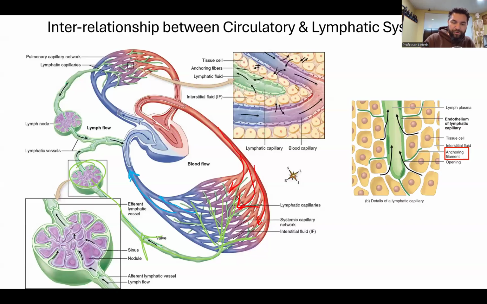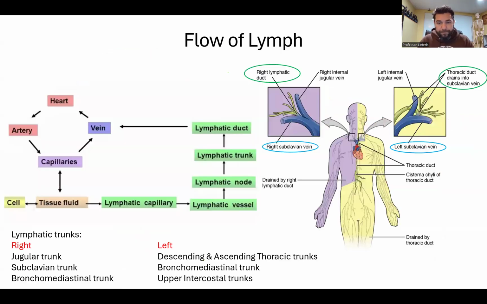And obviously this would drain from the lower body. This would drain from the upper body, and it all gets dumped back into venous circulation. So that's all this is showing, right? You have little lymphatic capillaries that allow for draining of that excess water in your capillary beds. This just shows you the order.